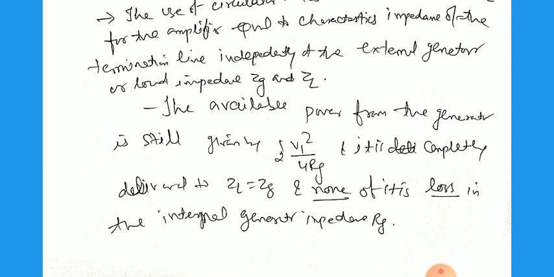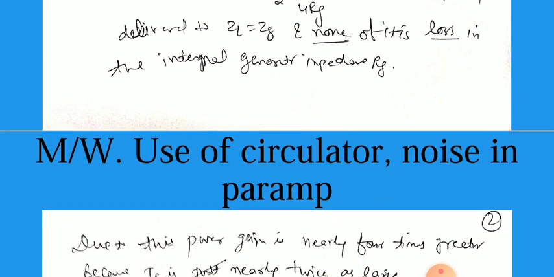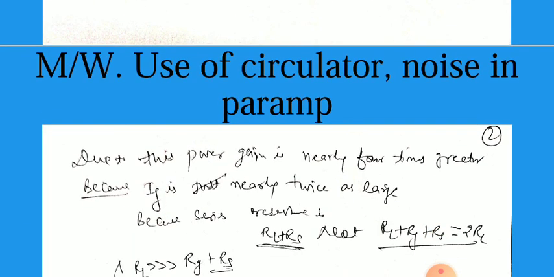It is completely delivered to the ZL, and ZL and Zg are equal, so that's why we have written ZL equal to Zg, because here the maximum power transfer is there. So none of it is lost in the internal generator impedance Rg, and the entire power is transferred to the load. That's why it has the maximum efficiency.